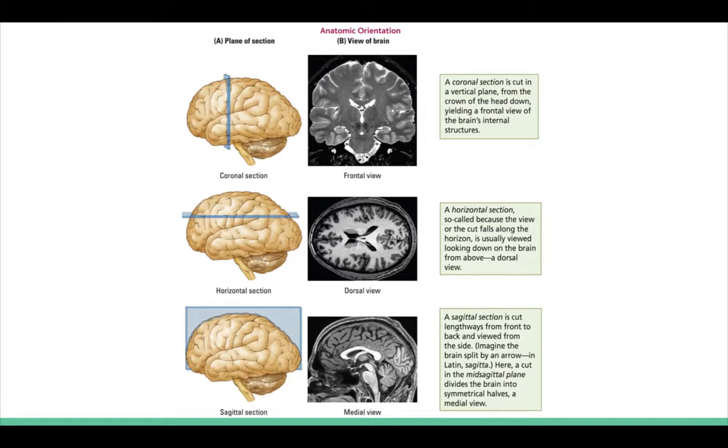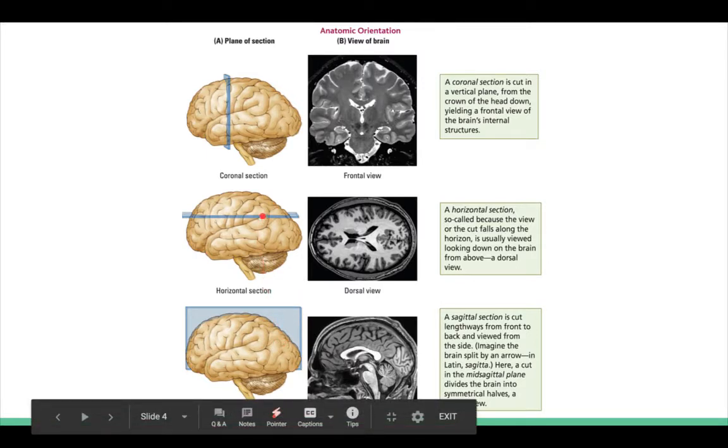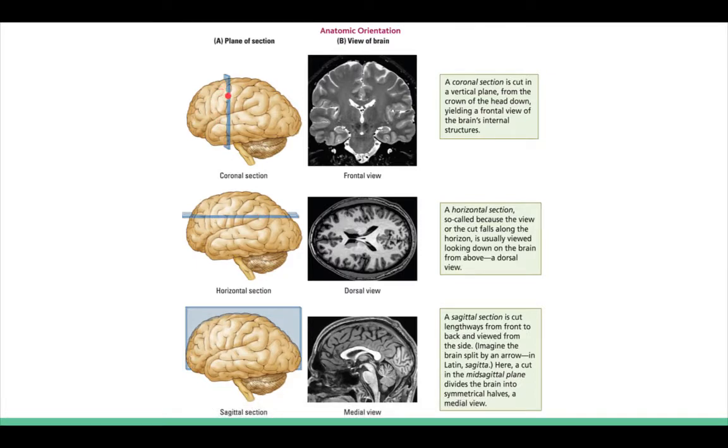All right, so you'll remember we have three main planes of section. These are imaginary slices that we take through the brain, and they come at right angles to one another. The first one we talked about last time was the sagittal section, then the horizontal section. This is also called an axial section, and finally the coronal section.